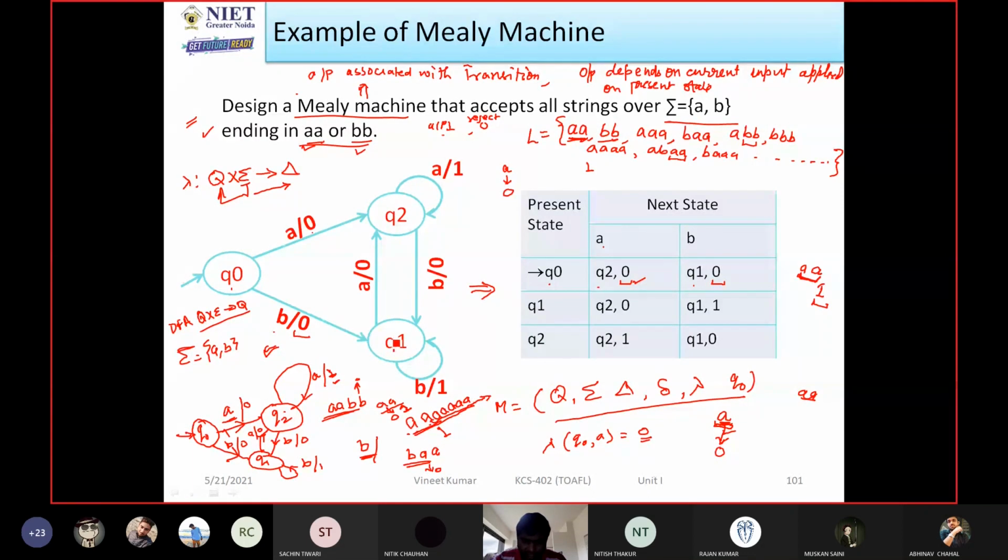Q1 of A goes to Q2, output is 0. Fine. Q1 of B goes to Q1, output is 1. That's great. Q2 of A goes to Q2, output is 1. Q2 of B goes to Q1, output is 0. Clear? So this is the transition table corresponding to the Mealy machine.